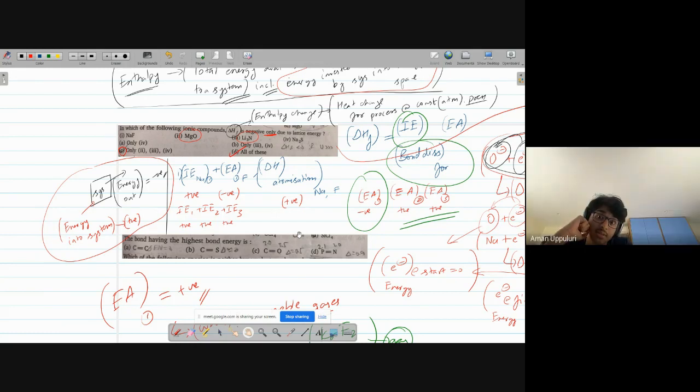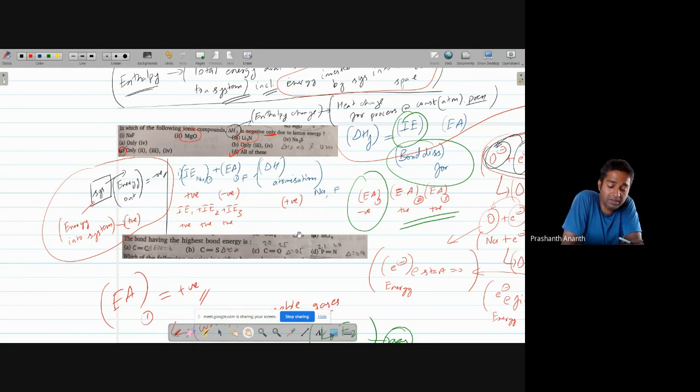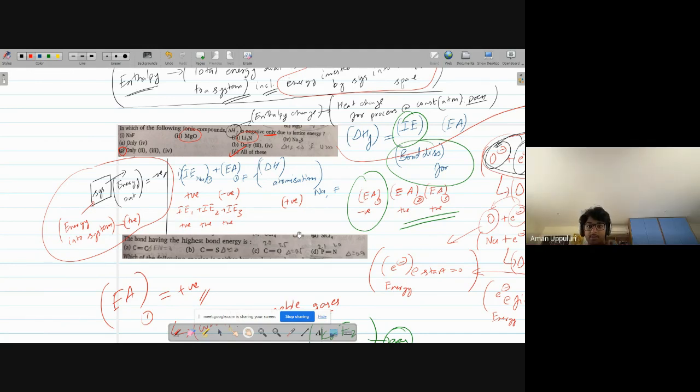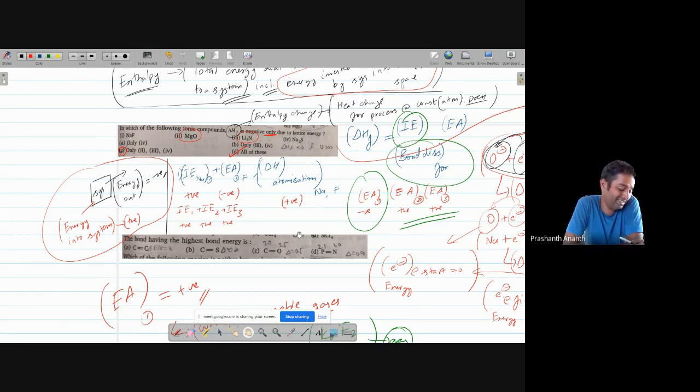A better way of phrasing this question to get the answer as C would have been: in which of the following ionic compounds is the enthalpy of formation negative only due to the lattice energy, and not because of the combined electron affinity? If they could have mentioned that a little bit better, then the question would have been cleaner. But the problem is, this question was made by somebody with the intention of making sure it is ambiguous.